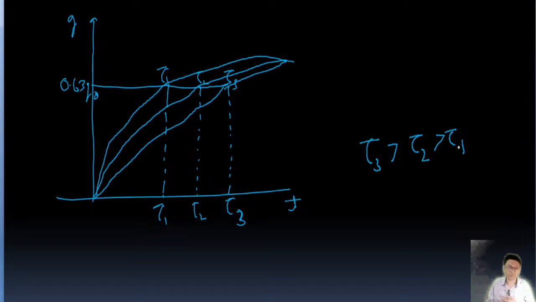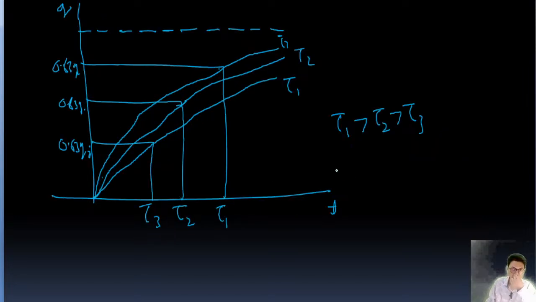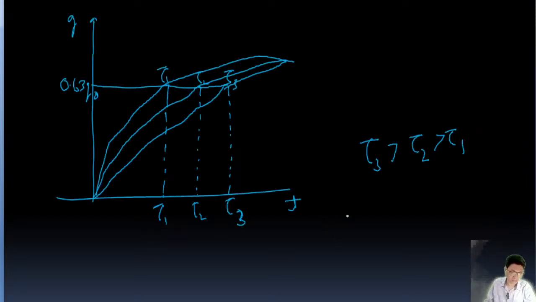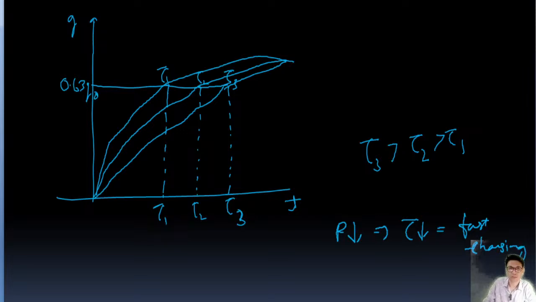So these are important graphs. In the previous graph tau 1 is greater than tau 2, greater than tau 3. Also, if R decreases, tau will also decrease, since tau equals RC. This is called fast charging.